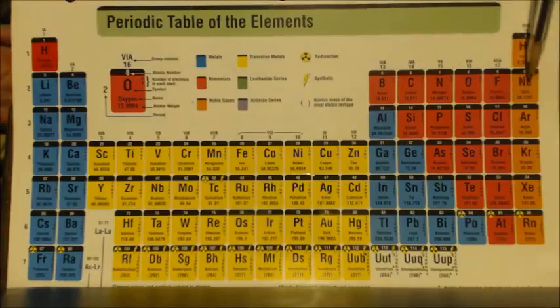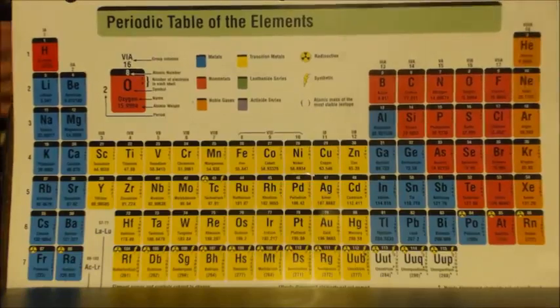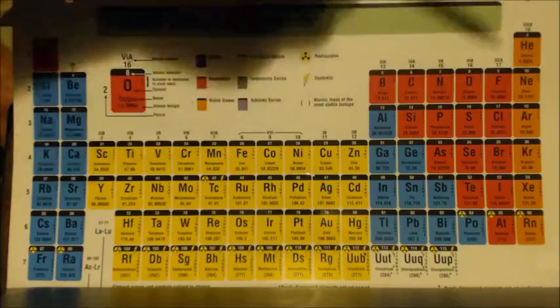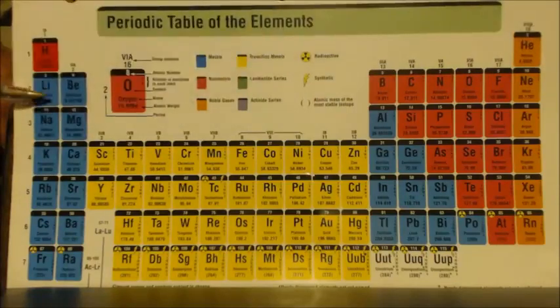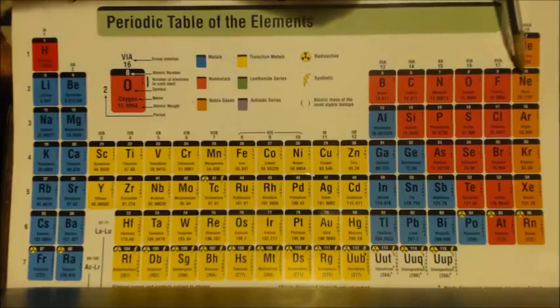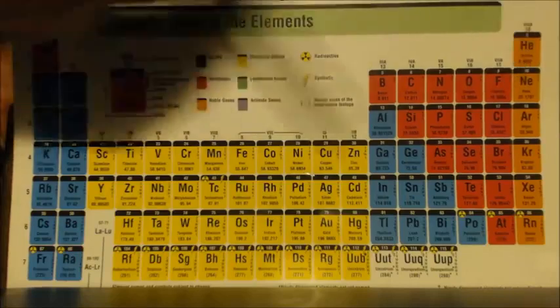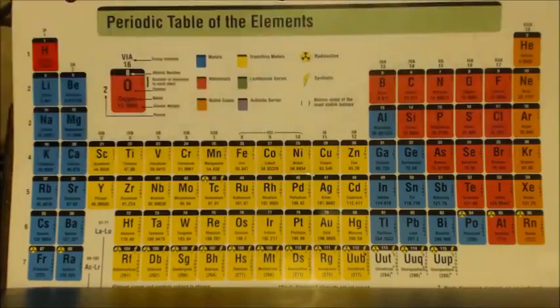And then its outer shell is filled, right? So it would want 8 to be a noble gas. Hydrogen wants to be a noble gas like helium, and lithium and beryllium want to be a noble gas like neon, and they all want to move over to the right where the electron configuration is perfect.